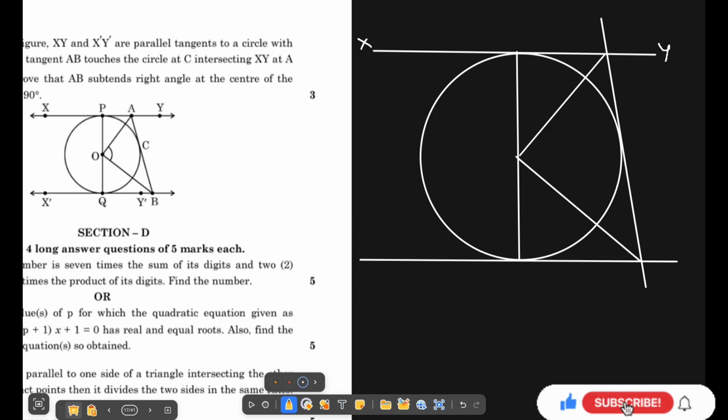XY is a tangent, and this is X'Y', a tangent. Now this is AB, and O is the center of the circle. The point of contact here is C. PQ is the diameter, right?